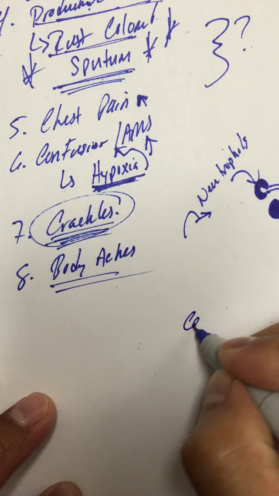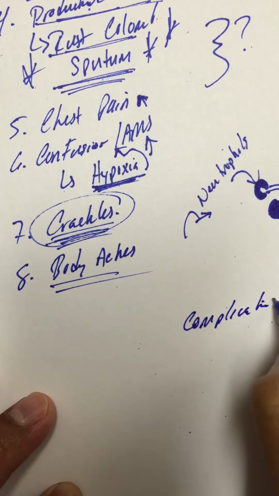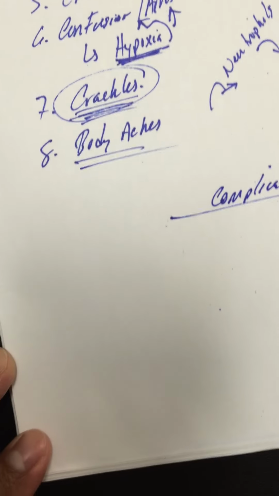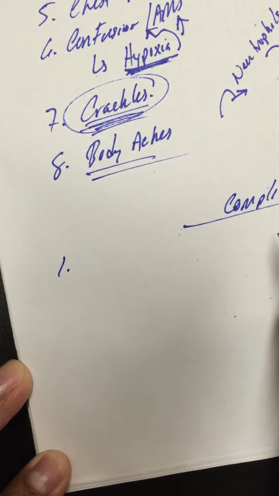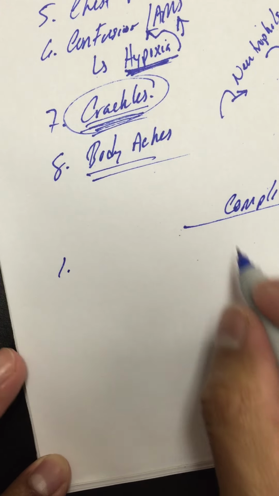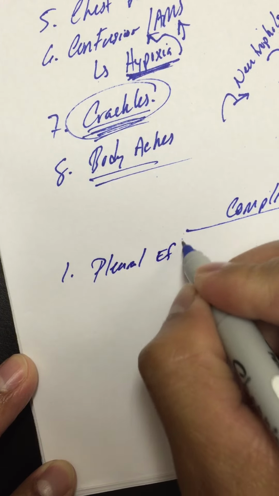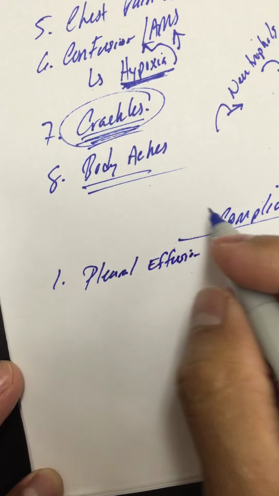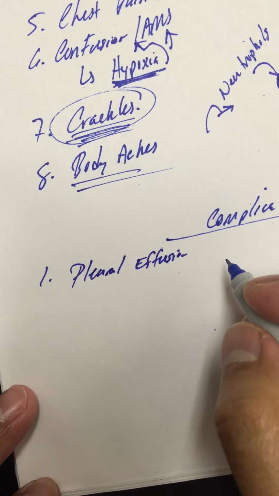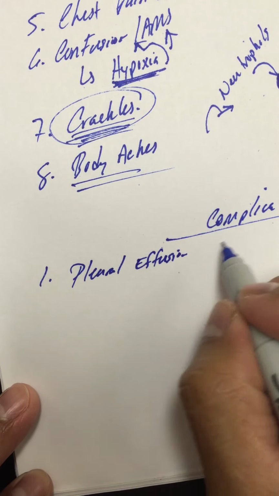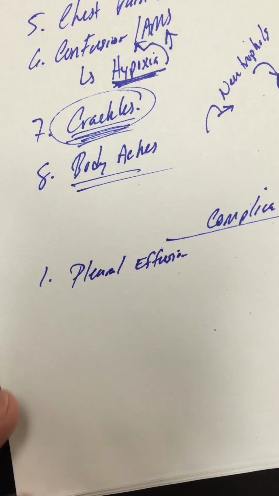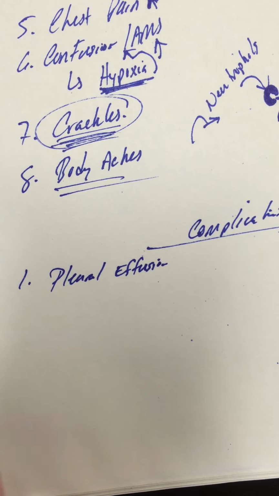Okay, so what are some complications that we must worry about? Number one, if this fluid accumulation continues and isn't resolved, you will end up with something like a pleural effusion, or fluid in the pleural space. Now, depending on how bad the pleural effusion is, it may resolve on its own with some medication, antivirals or antifungals or antibiotic therapy.